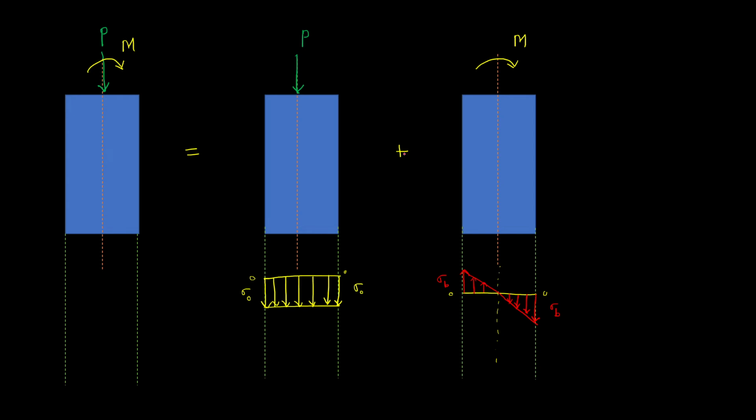Now as per our analysis, the total problem can be divided into summation of individual problems. Similarly, whatever the total stress will be, that total stress will be the summation of these two stresses. So we'll draw these two stresses here.